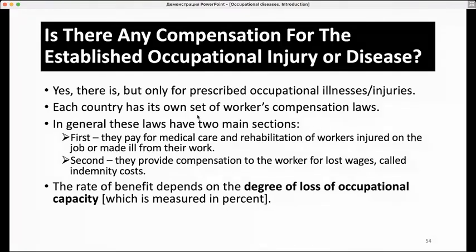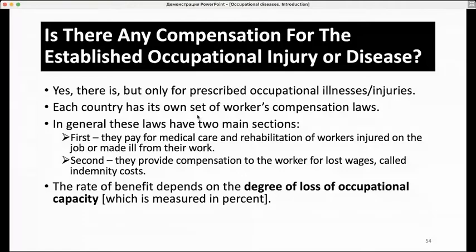That's why he can't work in this specialty. And we established his loss of occupational capacity equals 30%. But we also know that general capacity isn't affected and he can change his work. For example, he can start working as a teacher.